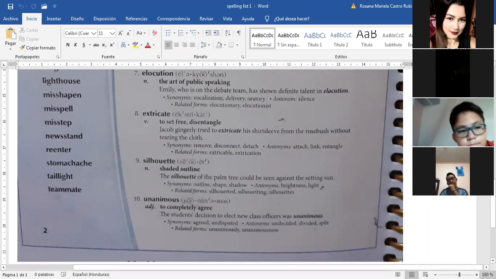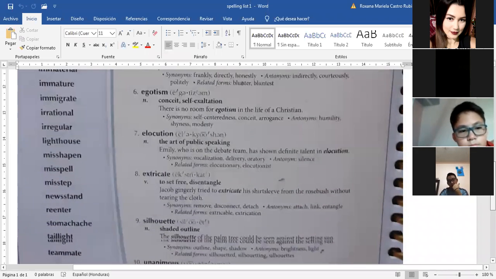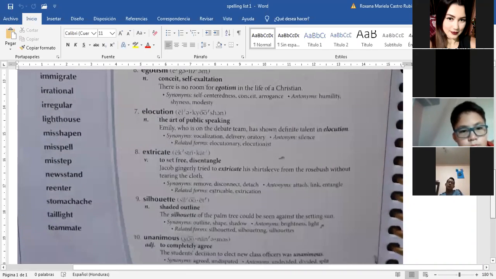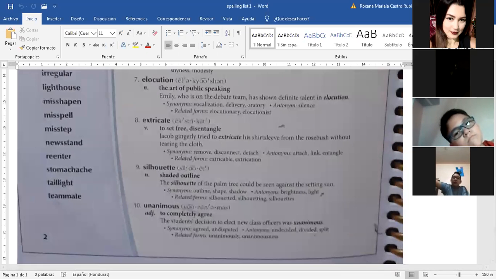Exactly. Can I tell a sentence? Yes, tell me a sentence. We made an unanimous decision for who will make the dinner today. Excellent, excellent, excellent job.